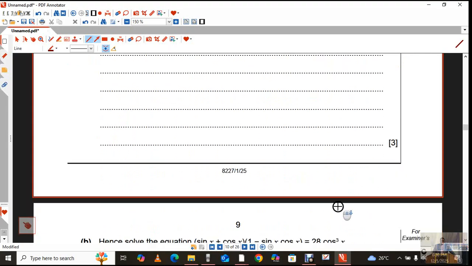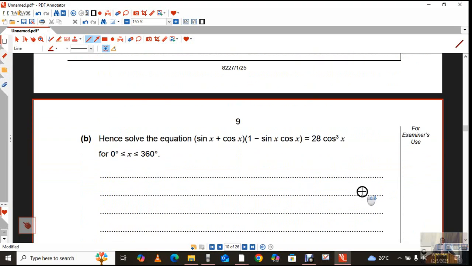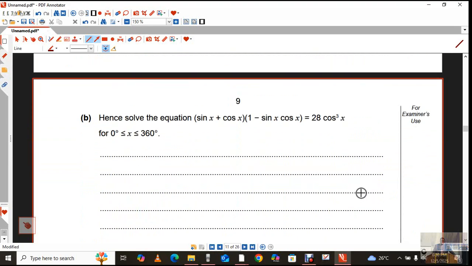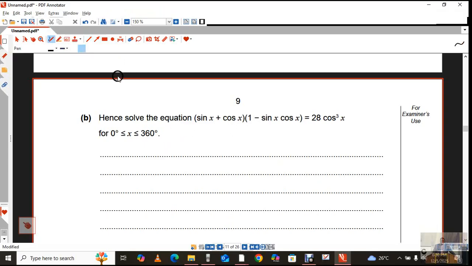Right, there is a "hence" to this question. The moment they say hence, you must know there's a relationship, and that relationship must be whatever you have in part A. So we already know that (sin x + cos x)(1 − sin x cos x) is equal to sin cube x plus cos cube x, which is equal to 28 cos cube x.